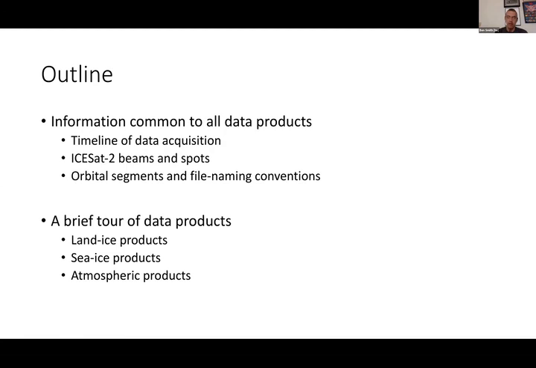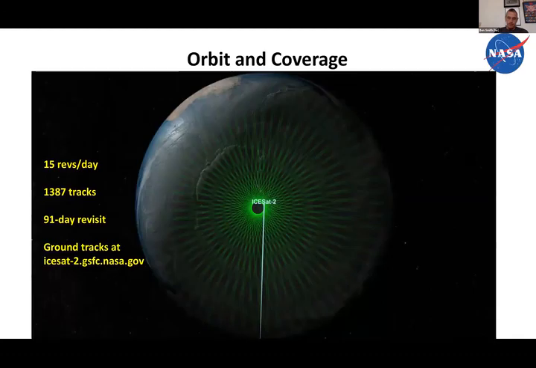So I'm going to start off by stealing a slide from Tom, which is a picture of the ICESat-2 orbits on the ground. ICESat-2 makes 15 revolutions per day on the way to completing its 1,387 ground tracks every 91 days.